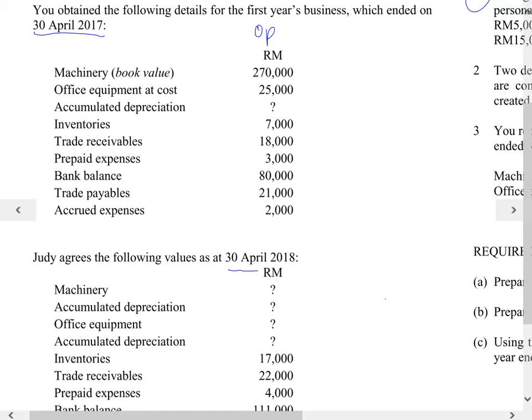Can I say this is my opening? And this is my closing balance. This is last year's closing, meaning this year's opening. Okay. And you notice, in questions 3 and 4, everything was given.